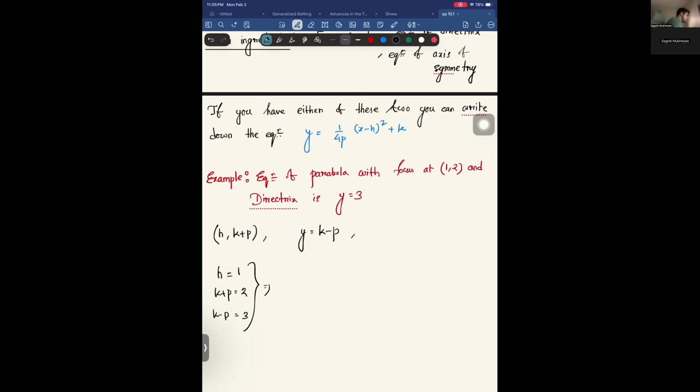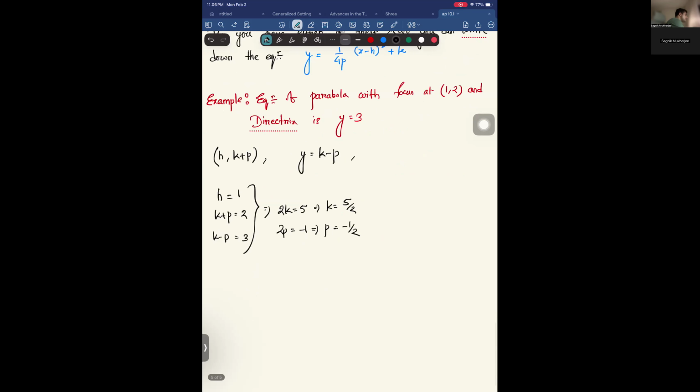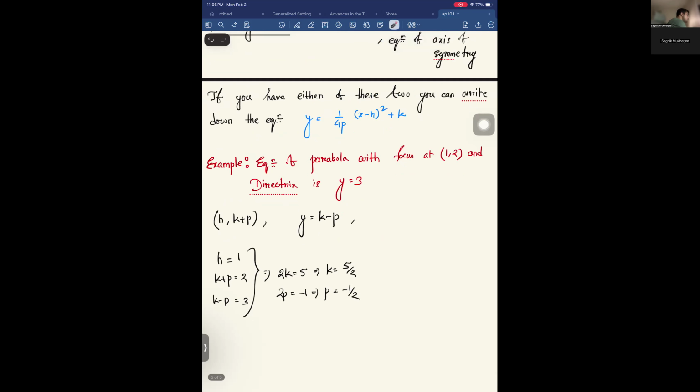So you can solve very easily. So 2k is 5, meaning k is 5 over 2, and 2p is -1, so p is -1/2, right? So you know all the values, now you know h, k, and also p.